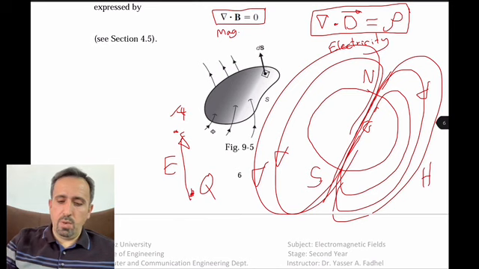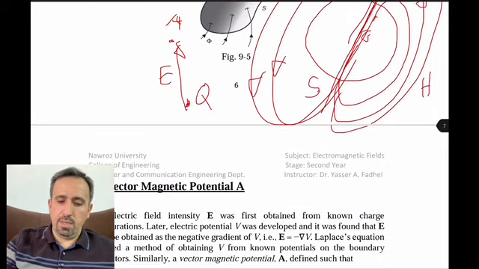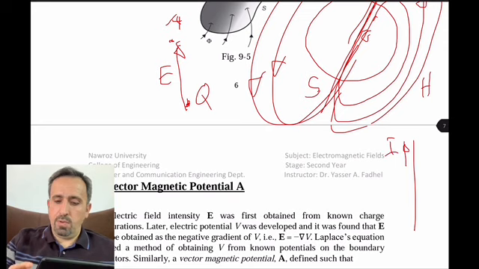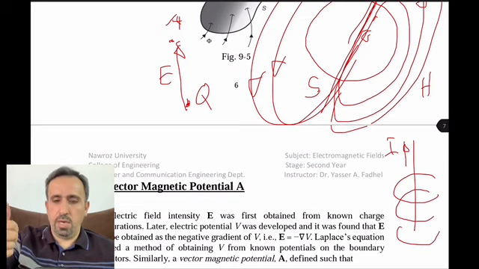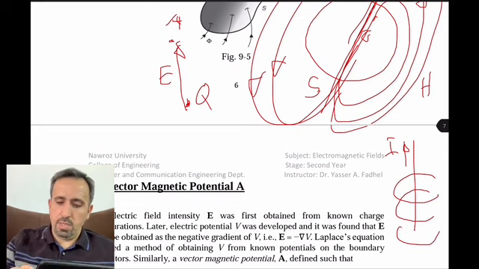Another example for the magnetic field: when you have a wire carrying current, if you imagine the rings of magnetic field according to the right hand rule, the direction will be like that.